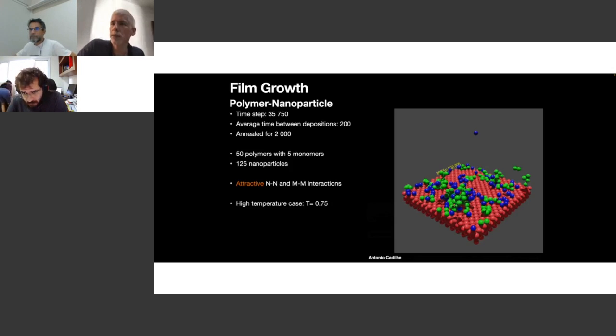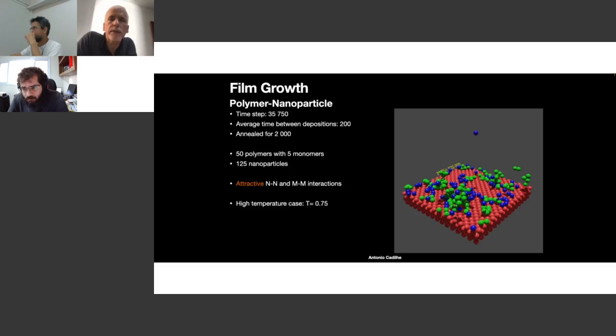Those are the more fundamental time scales. The actual shape of the nanoparticle is not that relevant, at least at this point. But of course, if I wanted to be more careful with the short-range interactions, then I would have to take that into account.